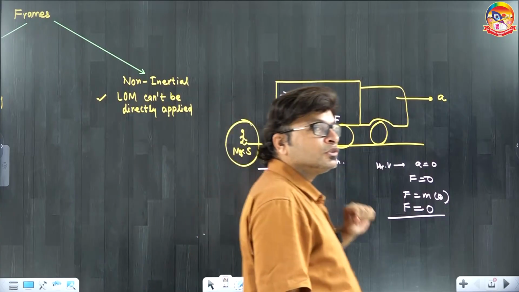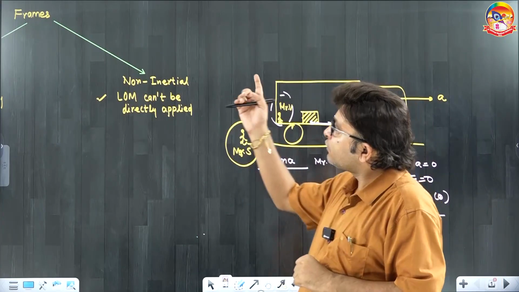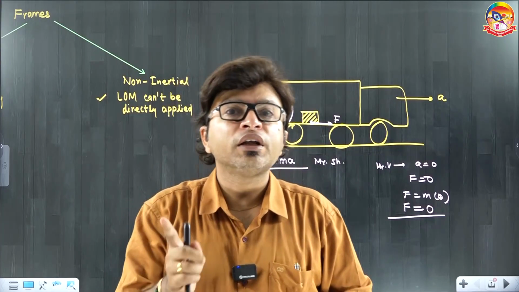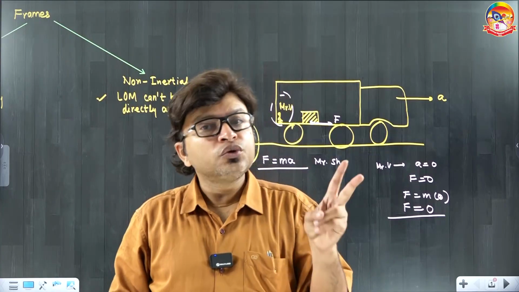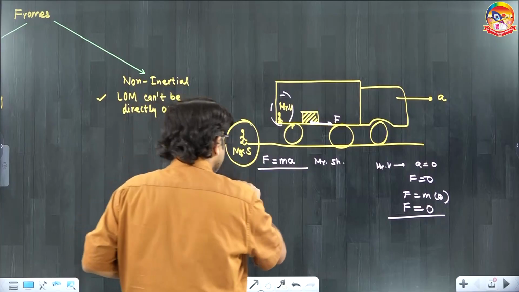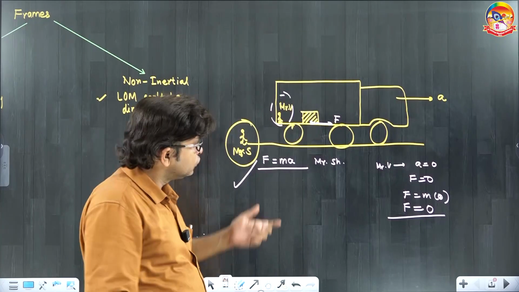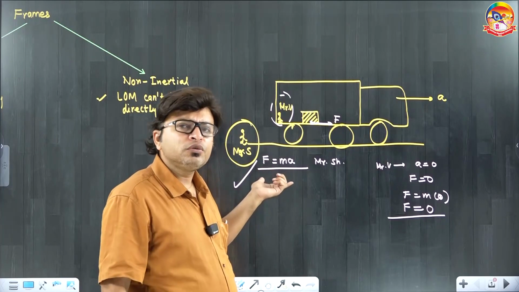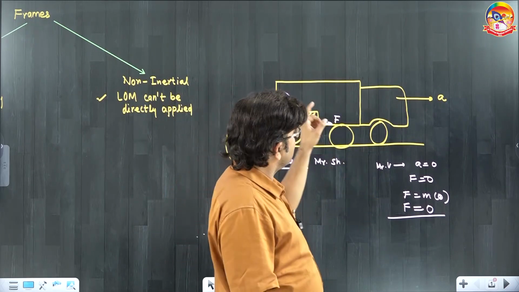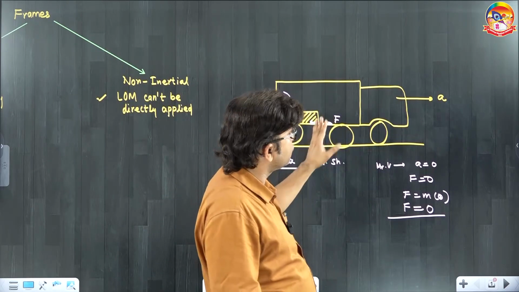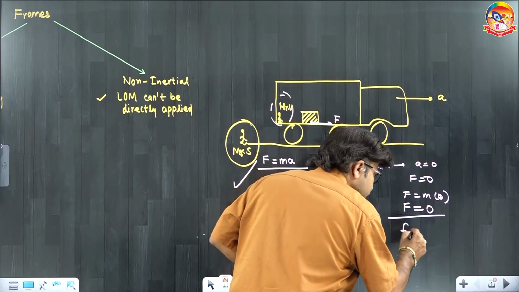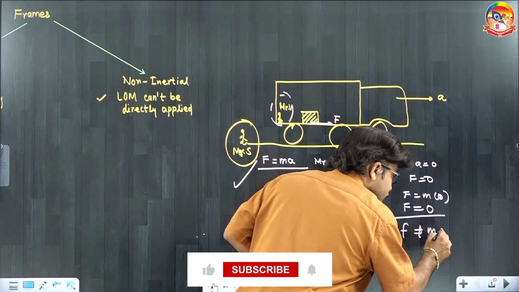That is the problem. So that's why I said that there are two types of frames. One, where laws of motion can be directly applied. Second, those types of frames where laws of motion cannot be directly applied. So if I talk about this condition, Sharma ji is seeing it from the ground, so he is already saying that F is equal to mass into acceleration. But Verma ji is seeing in this frame, here he can say, okay, friction is present, but still the force F is not equal to mass into acceleration.